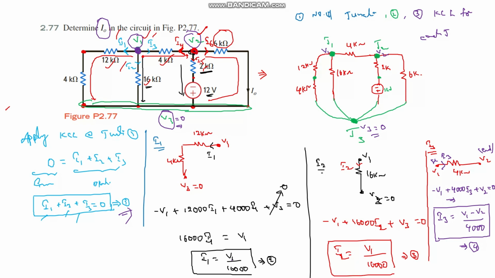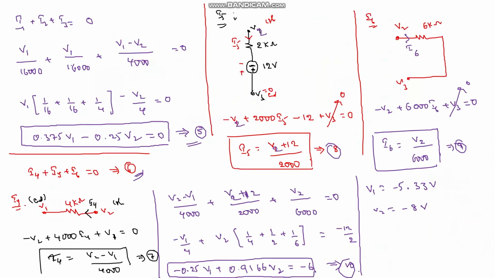In the given circuit, I naught is nothing but the current flowing through the 6 kilo ohm resistance only. As per the circuit diagram, the current flowing through the 6 kilo ohm is I naught, but according to my current directions, it is I6. So I6 is nothing but I naught. But I6 is V2 by 6000.